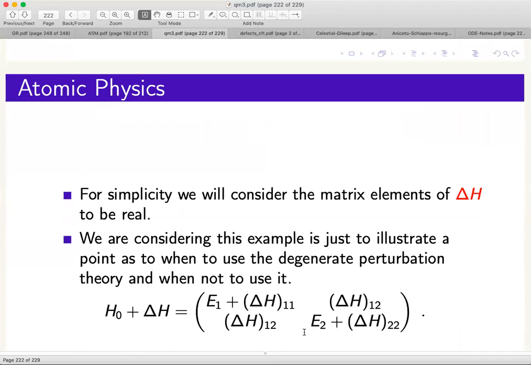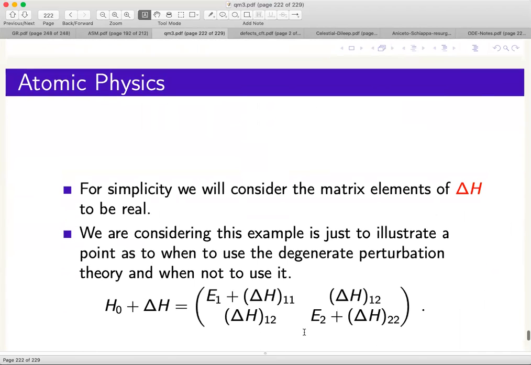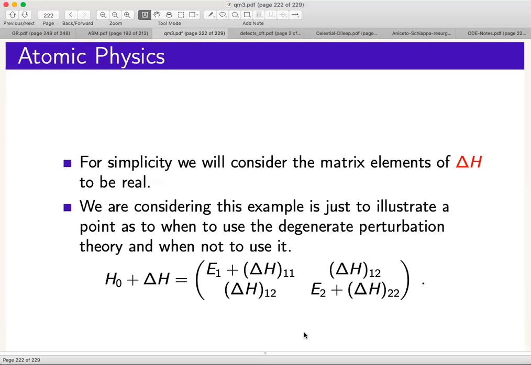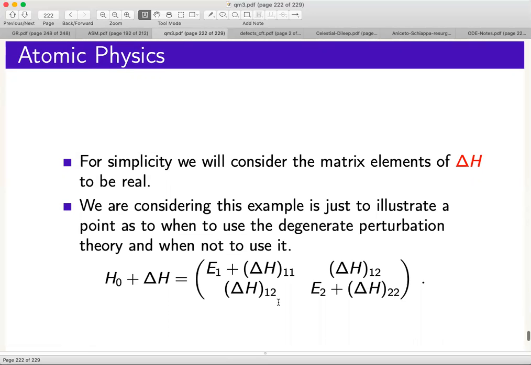Okay, so here we are. The total Hamiltonian would take the form like this: E1 plus delta H11 and E2 plus delta H22 on the diagonal, and delta H12 off the diagonal. It's a 2 by 2 matrix. You can try diagonalizing it.